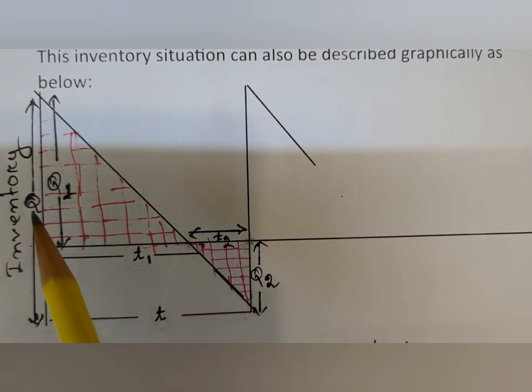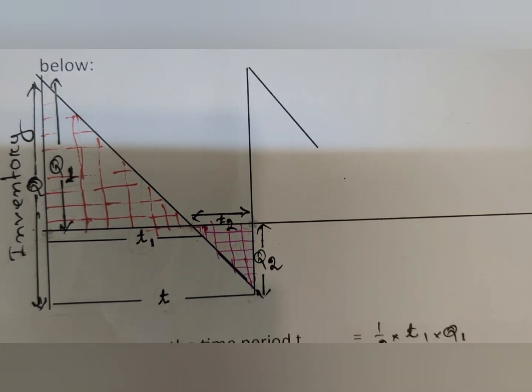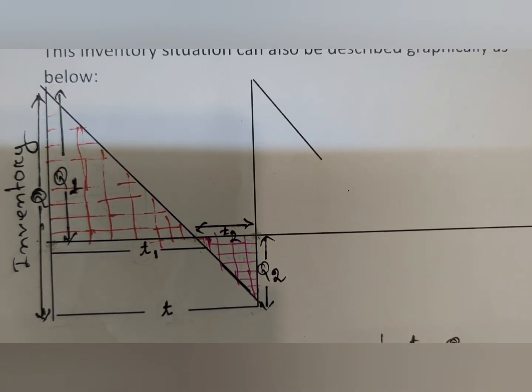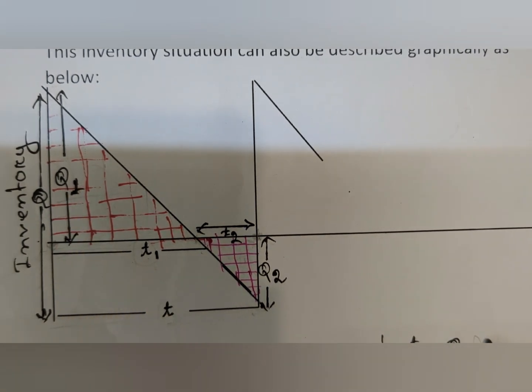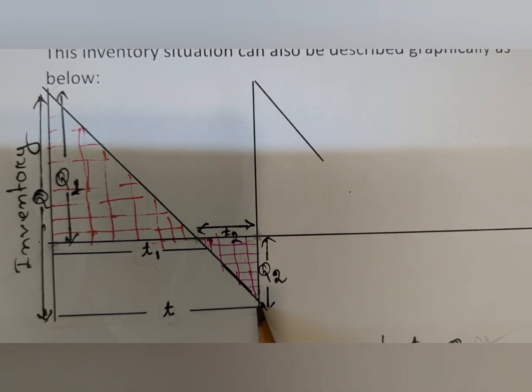The base is t1 and height is Q1. Q1 is the size of the inventory. That's why inventory over this time is half into base into height, half t1 Q1. That's the area. Then what will be the average inventory at any time? Total cycle T, so average inventory will be this total inventory divided by T.